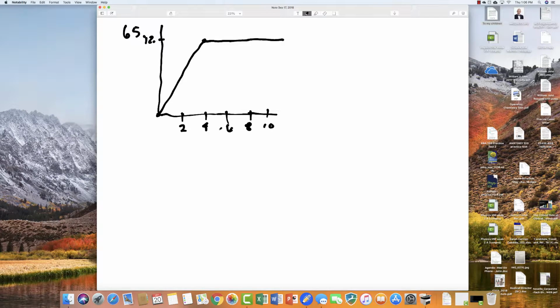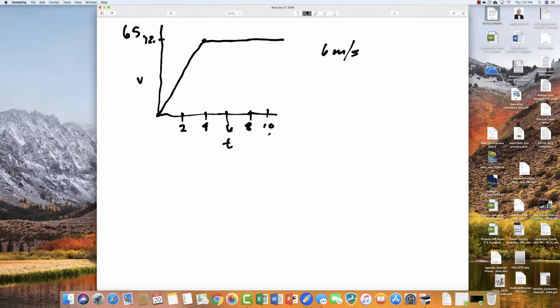So for the first 4 seconds, the average velocity, based on this graph, is 6 meters per second, because this is a velocity, not a displacement. This is time. So the average is 0 to 12, divided by 2, so it's 6 meters per second.